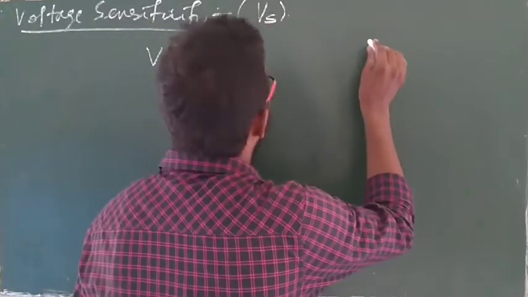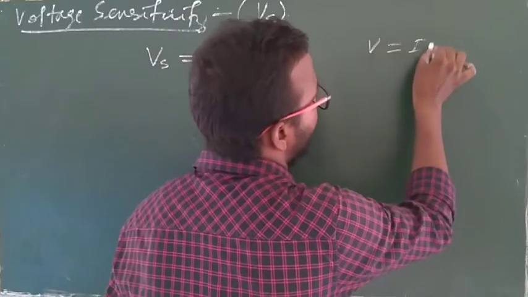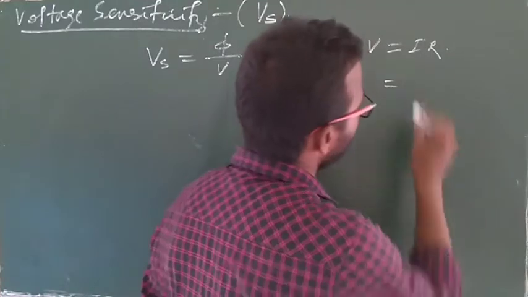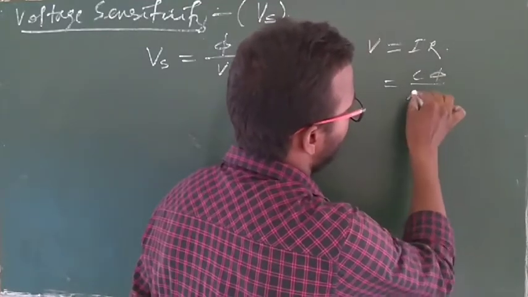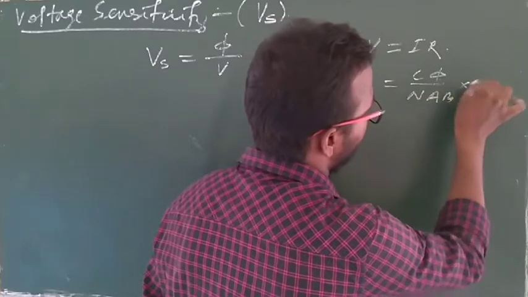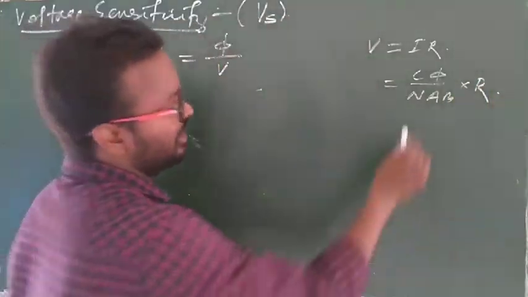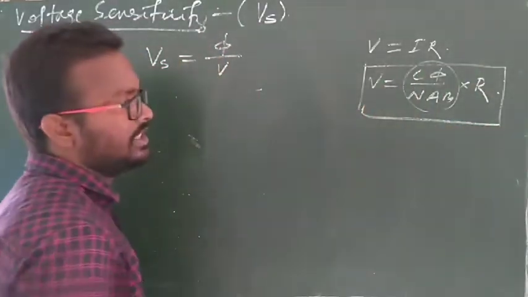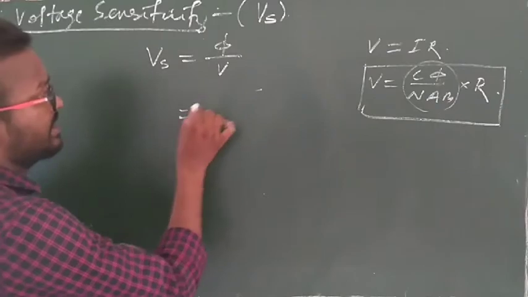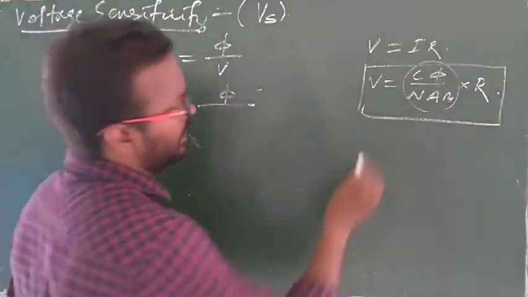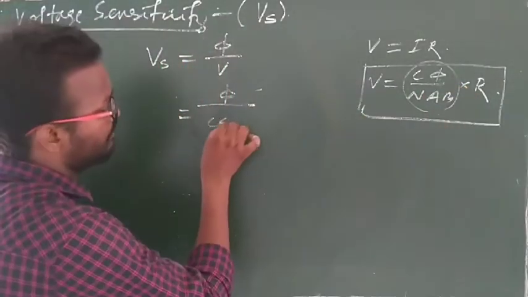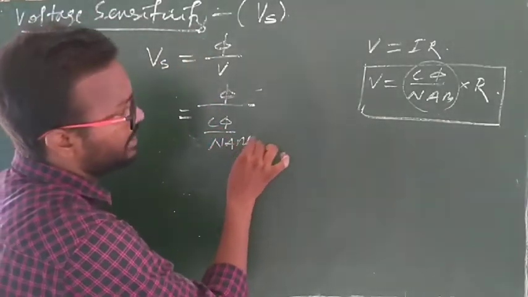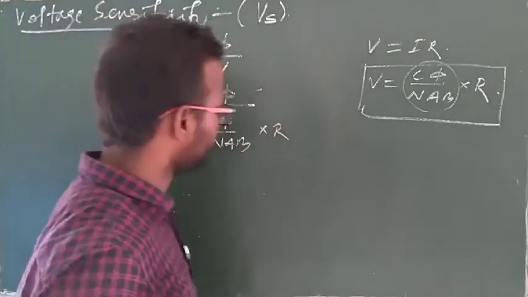What we know, according to Ohm's law, V equals I into R. What is I? I equals C phi divided by NAB, into R. Clear? This is the value of I, and then V can be written in terms of C. If we use this value here, then V equals C phi by NAB, into R. Clear?